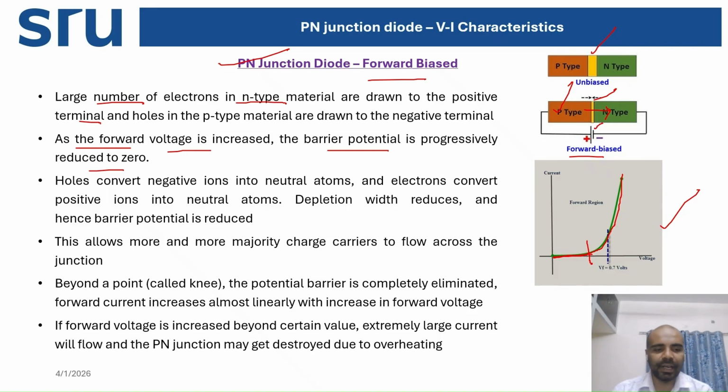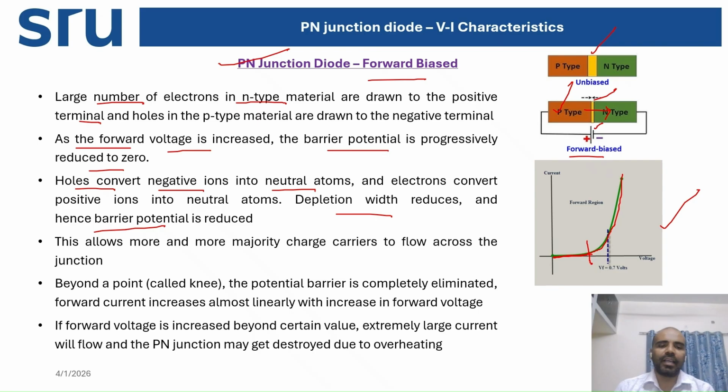So here, at forward biasing condition, the hole converts negative ions into neutral atoms, right? And the electron converts the positive ions into neutral atoms. The width of the depletion region will reduce, and hence the barrier potential is also reduced.